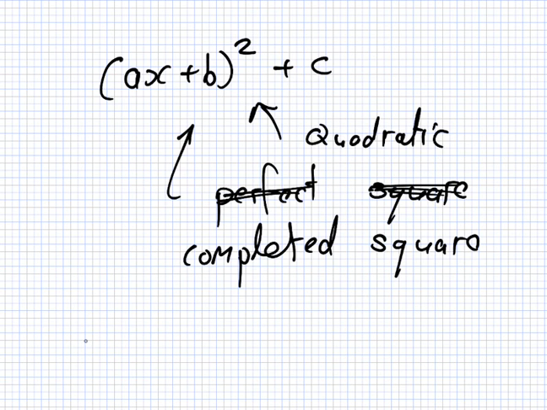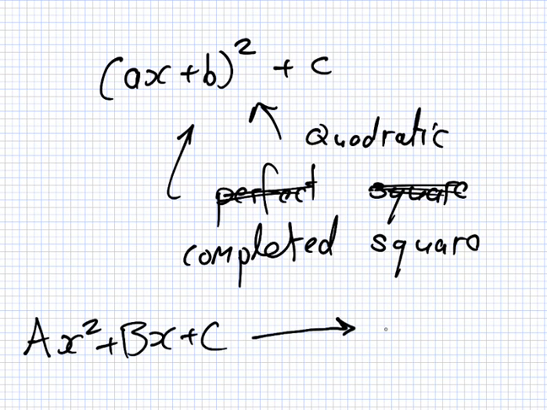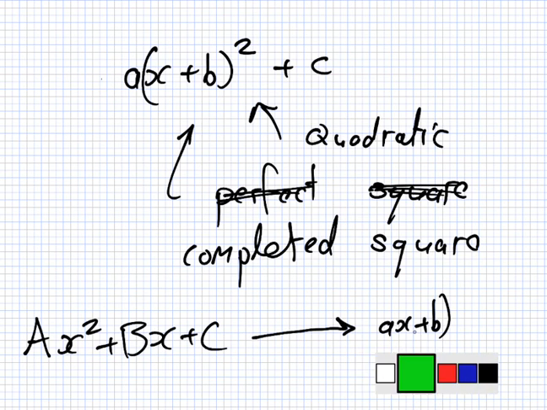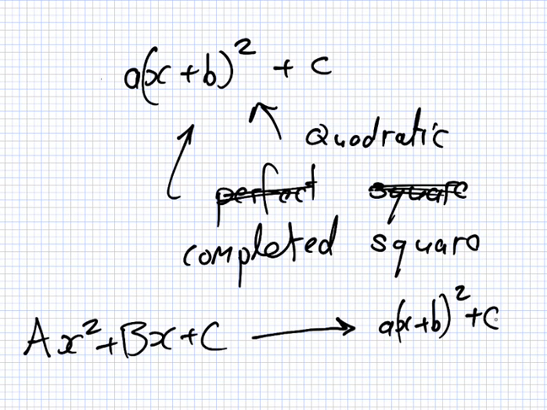So, what we want to learn today is how can I change something like this. I would like to change it into this. Or actually, sometimes we put the a on the outside. Do you remember?